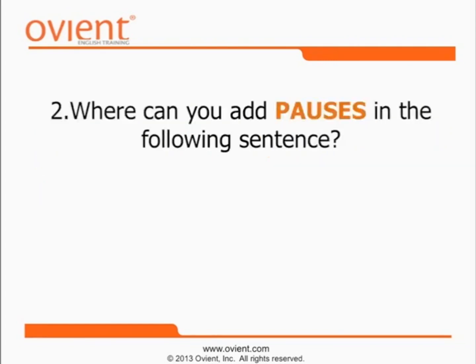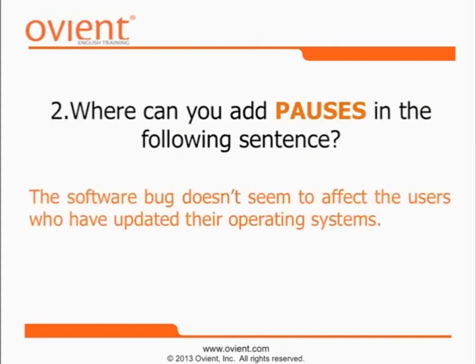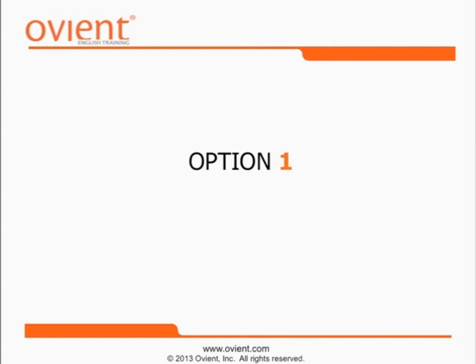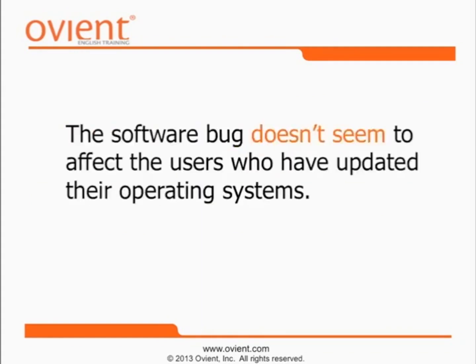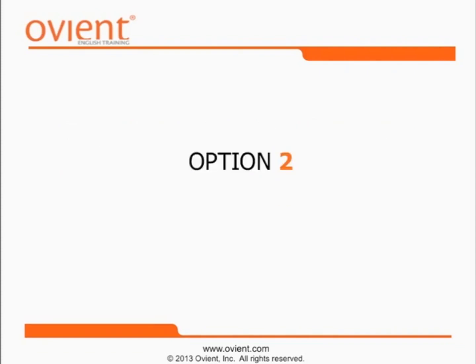Number 2. Where can you add pauses in the following sentence? Option 1. The software bug doesn't seem to affect the users who have updated their operating systems. Option 2.